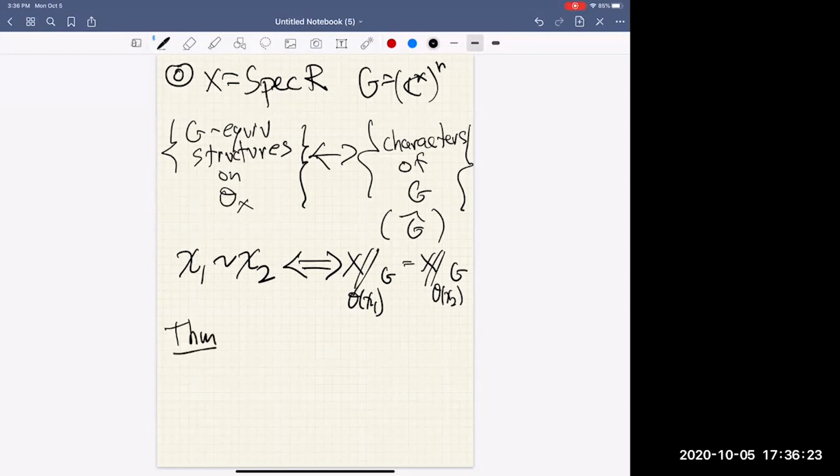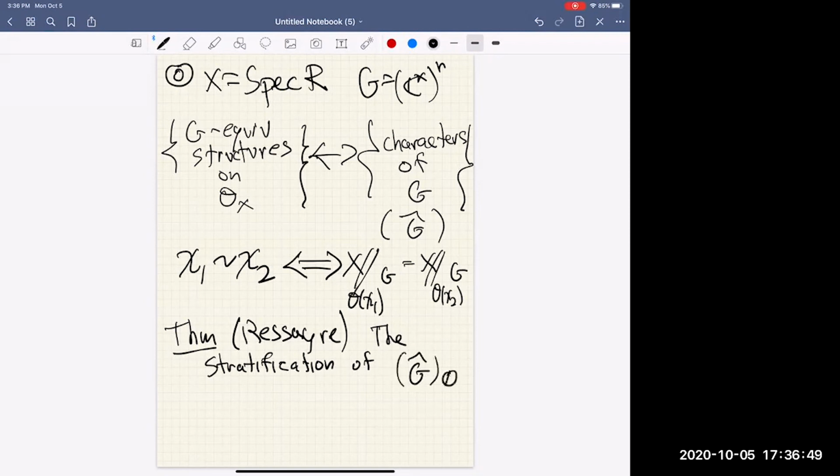There's an old theorem, due to Hazare: the stratification of G hat_Q by equivalence classes forms a fan.